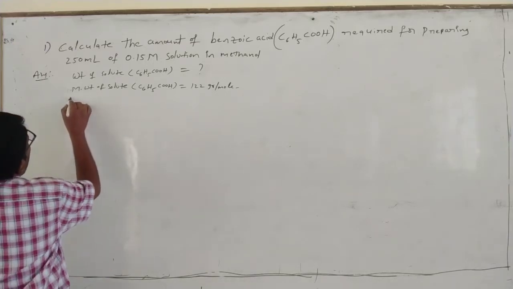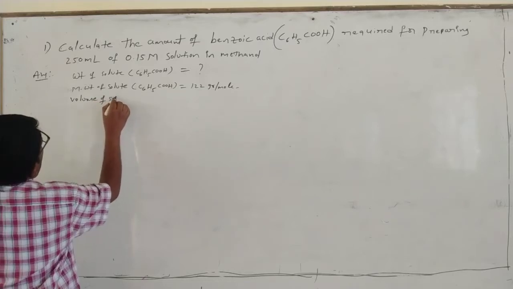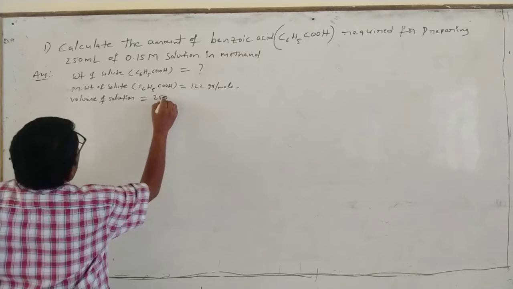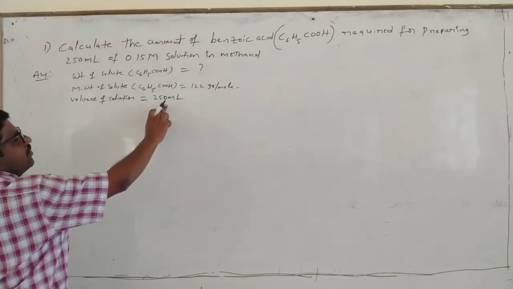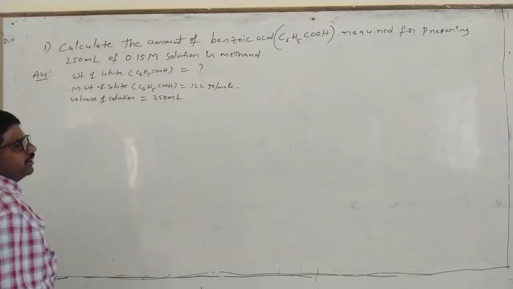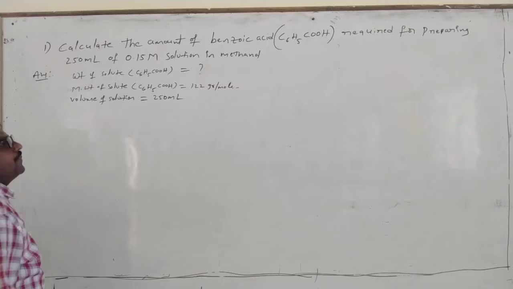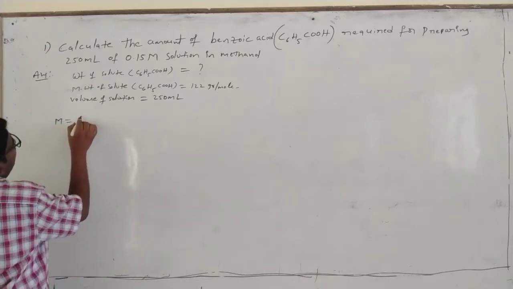Right. Next, volume of solution. Volume of solution, how much? 250 ml. Here the volume of solution is in ml. Just take it in ml, related to the molarity formula. Right. So molarity is equal to what formula?